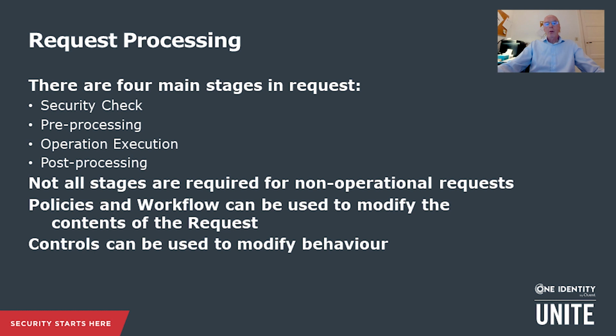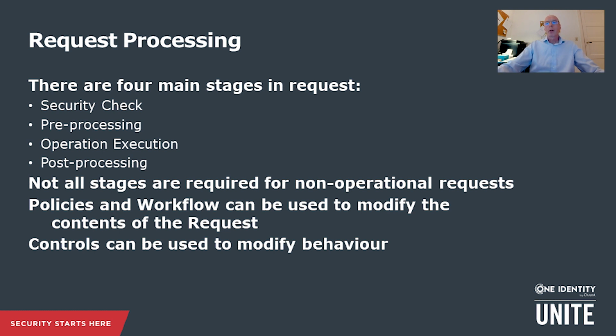When Active Roles receives a request, there are a number of key stages in request processing. Active Roles always performs a security check first, regardless of the request type. For operational requests, the processing is always pre-processing, operation execution, and post-processing. If an error occurs at any of these stages, then the ADSI provider sends a response back straight away.